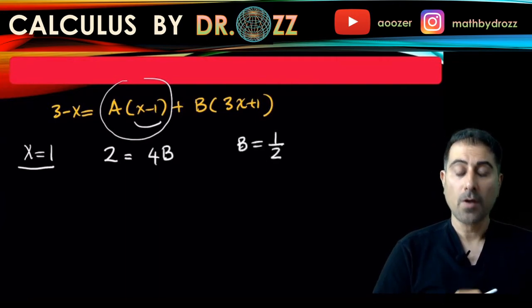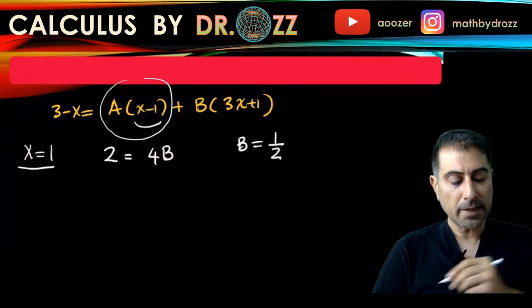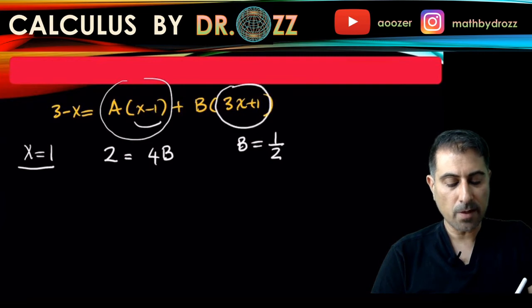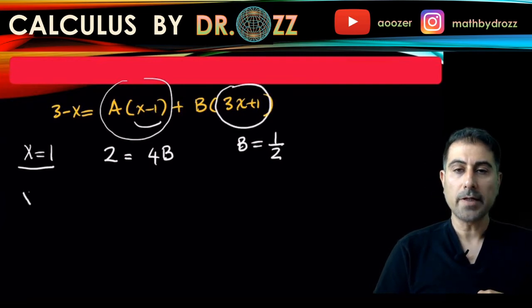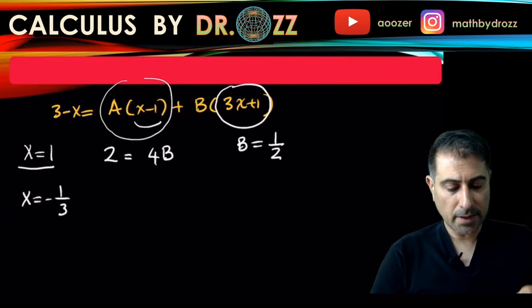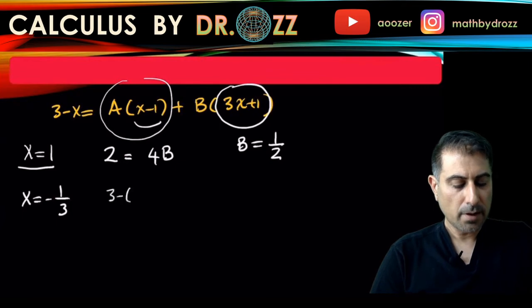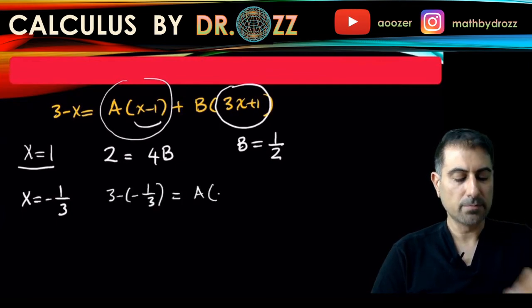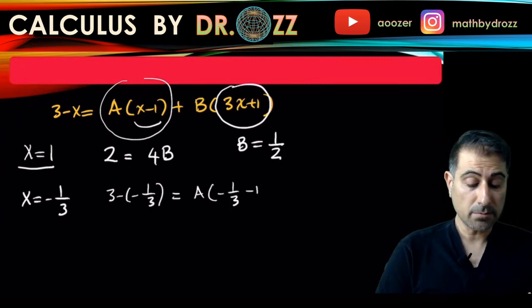Okay. My next sample is going to be determined by this factor here. That factor is 0 for x equals -1/3, right? And the left-hand side here is 3 minus 1/3, and A times -1/3 minus 1. And the B term is already gone, right?